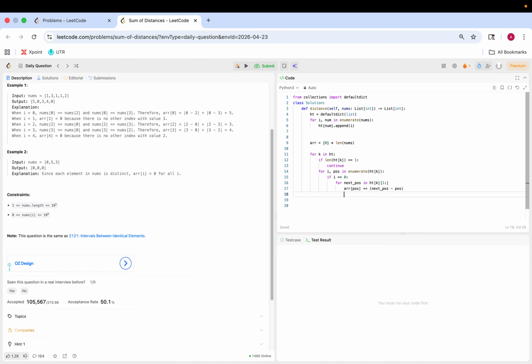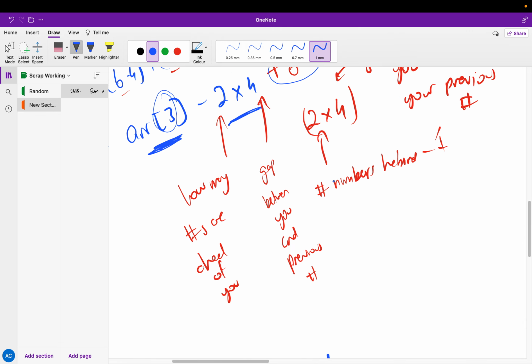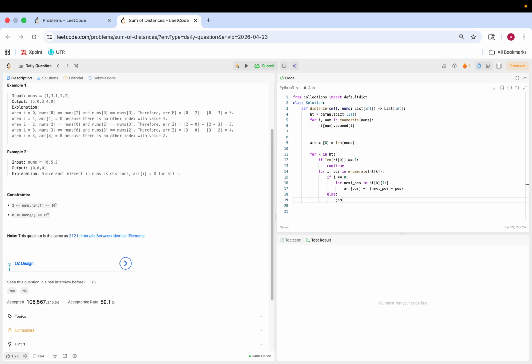Then from there, else, the gap we care about, right? Because the formula is like I alpha minus 1. So we care about the gap, which is equal to position minus ht at k at i minus 1, I think.